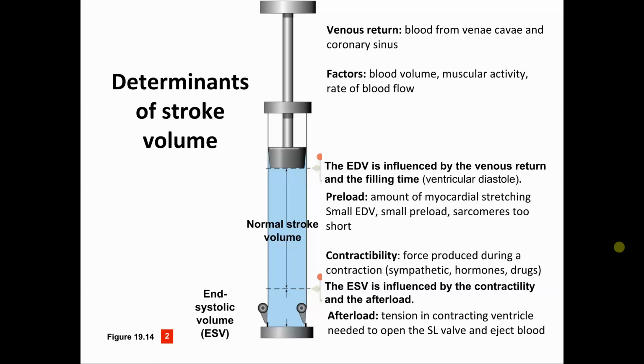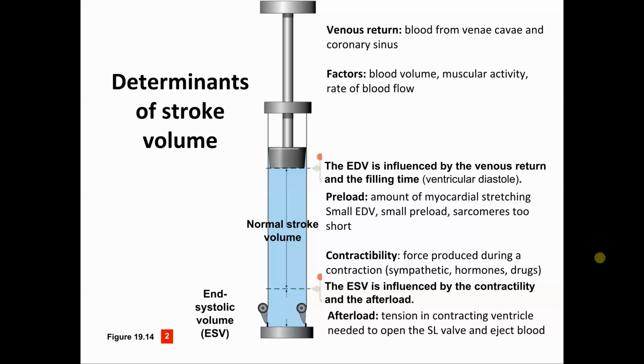There's not a lot of contraction that can happen. If it's stretched out because you have a lot of blood, there's a bigger contraction that can happen. So that's your preload. How much myocardial stretching do you have based on that end-diastolic volume? So the more blood you have in your heart at this end-diastolic volume, the harder it's able to contract and push out.